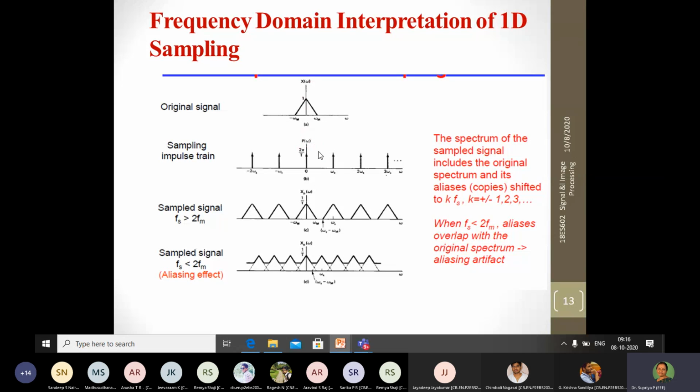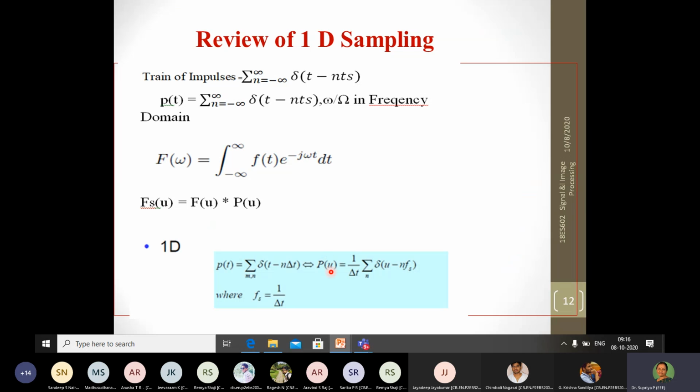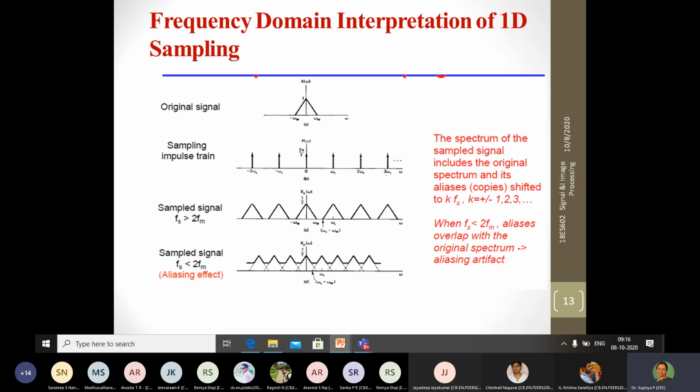P of omega is equivalent to what we have just seen as p of u, which is actually a periodic train of impulses represented either by p of u or p of omega. In the normal case, it will be represented by p of omega, and by now you know that the distance between each of the impulses is omega naught. As such, we have 0, omega naught, 2 omega naught, 3 omega naught, and so on.